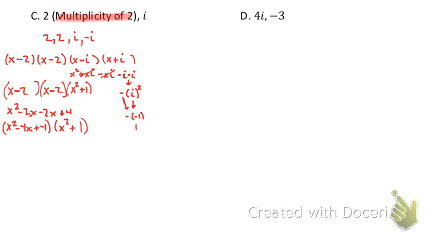And now we can multiply these two together. x squared times x squared is x to the fourth. x squared times 1 is plus x squared. Negative 4x times x squared is negative 4x to the third.